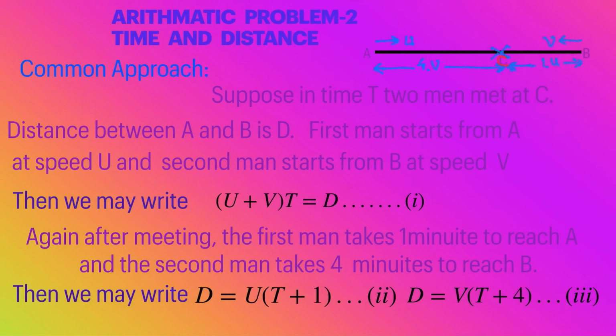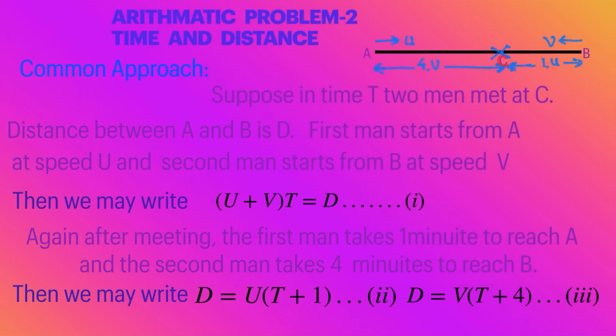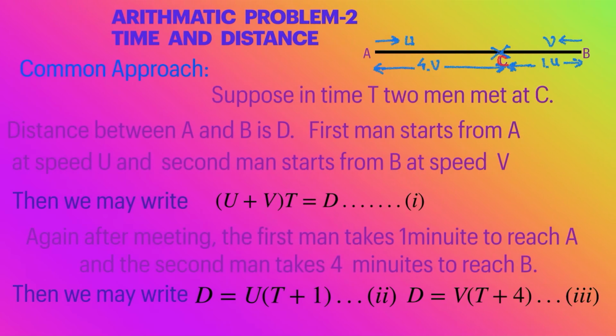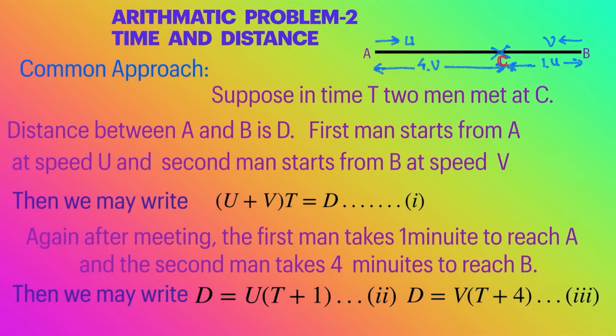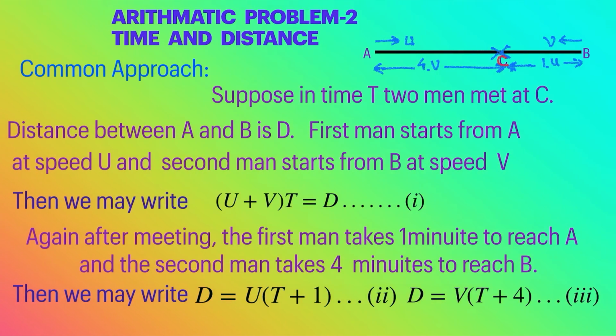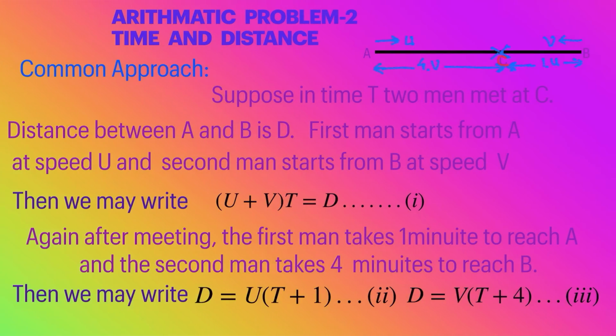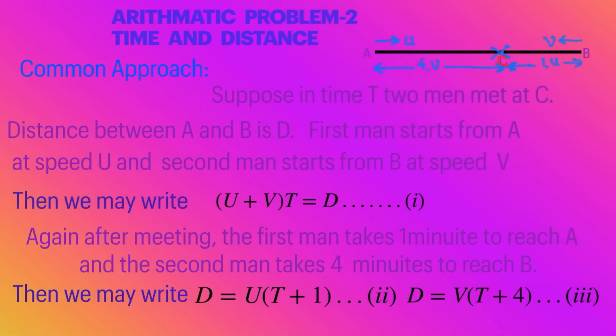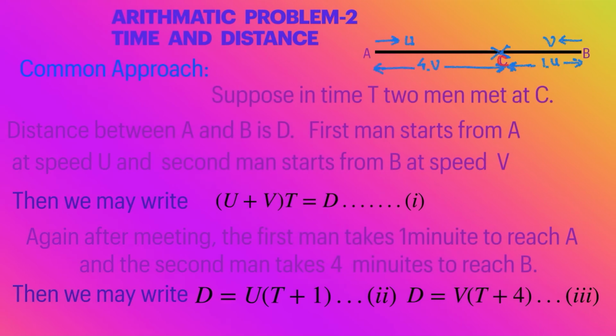This is equation number 3. Now we have 3 equations, and if we solve them, we may get the ratio u by v.